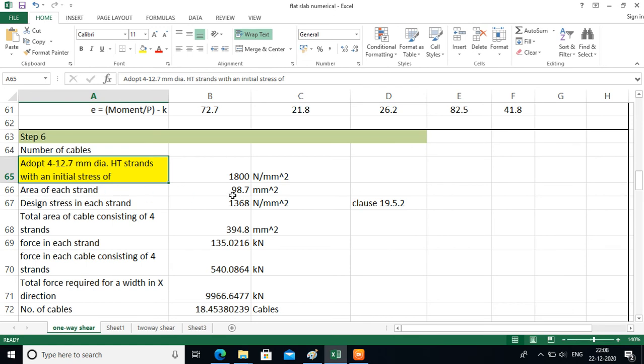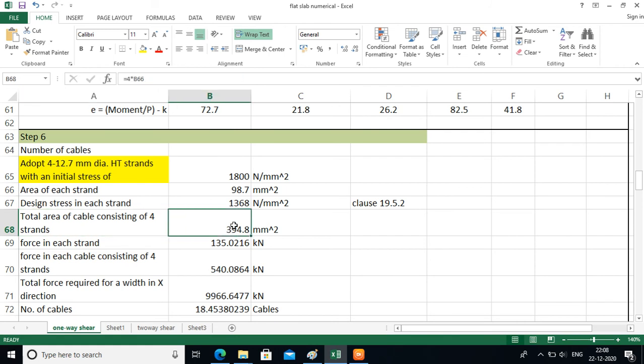The details of a single strand are given here. So how do we get the total area of the cable? In that cable 4 strands are there, so 4 into the area of a single strand. I directly put the formula over here: 4 into row number B66.